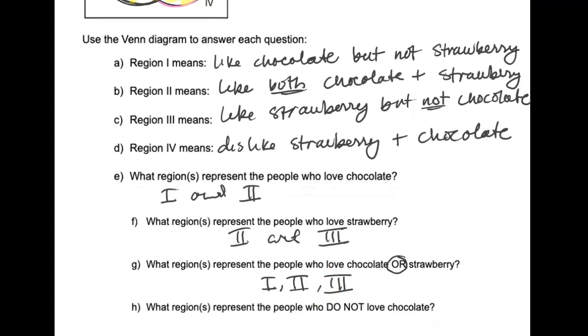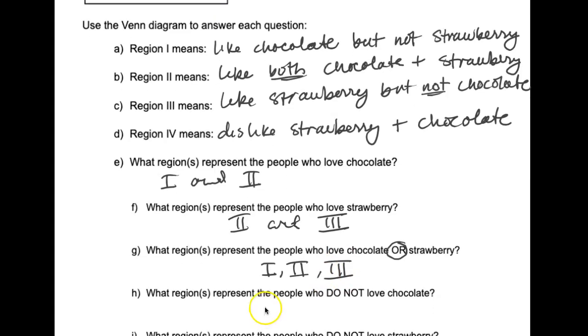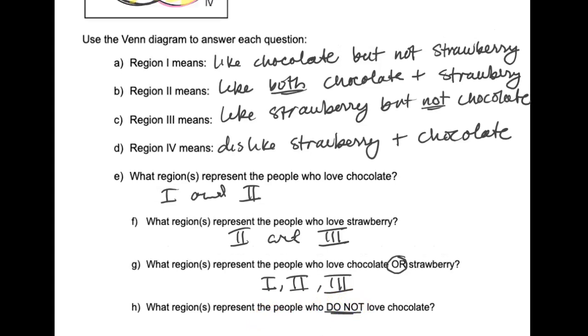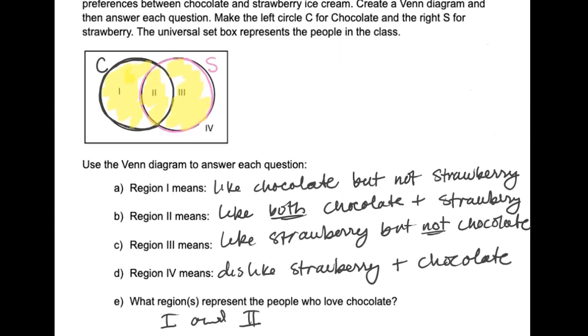And then H asks us, what regions represent the people who do not love chocolate? So I'm going to find that chocolate circle and shade everything that's outside of it. So, do not like chocolate. Let me erase that last highlight. Anybody who does not like chocolate, I'm just going to highlight right around that chocolate circle and continue on so that the whole box gets shaded, but I'm not including the chocolate.